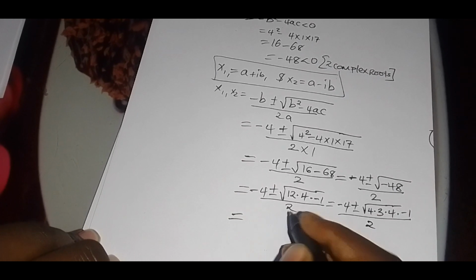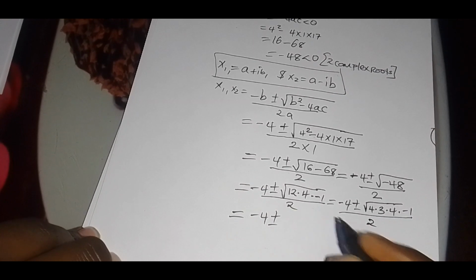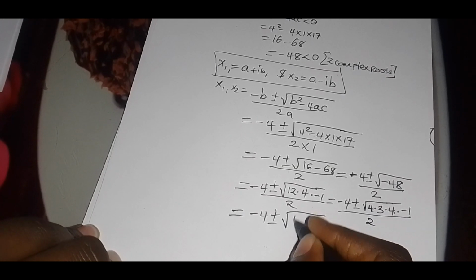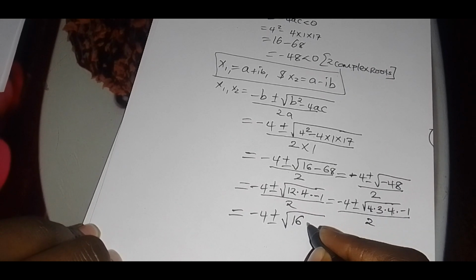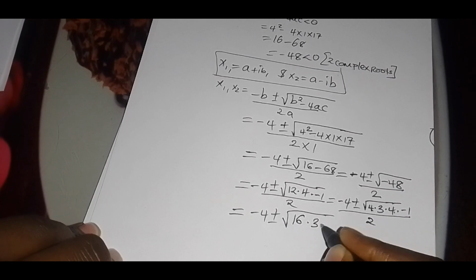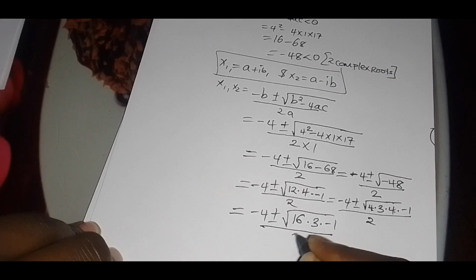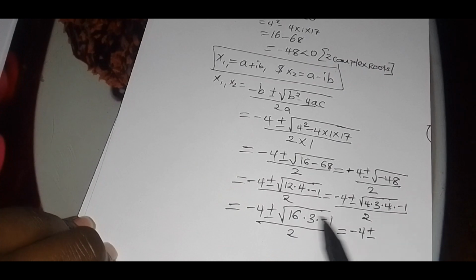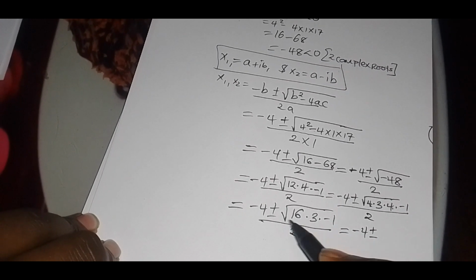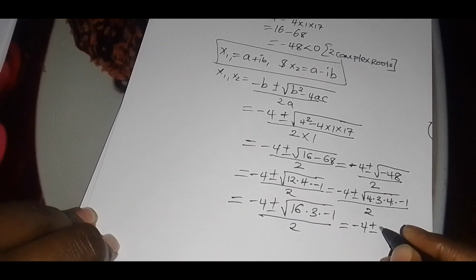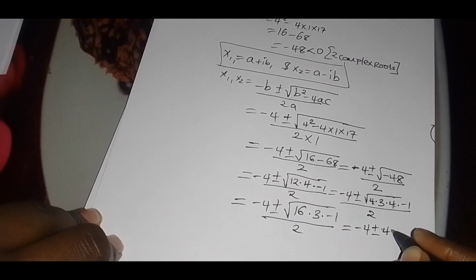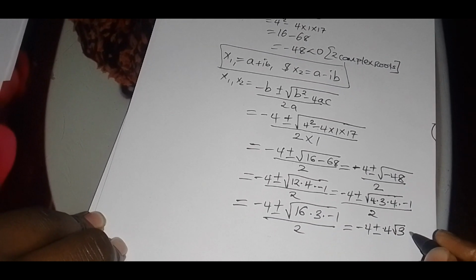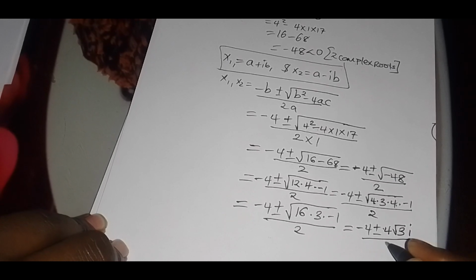Now 4 times 4 is the square root of 16, multiplied by 3 multiplied by negative 1, divided by 2. The square root of 16 is 4, multiplied by the square root of 3, and the square root of negative 1 is i, divided by 2.